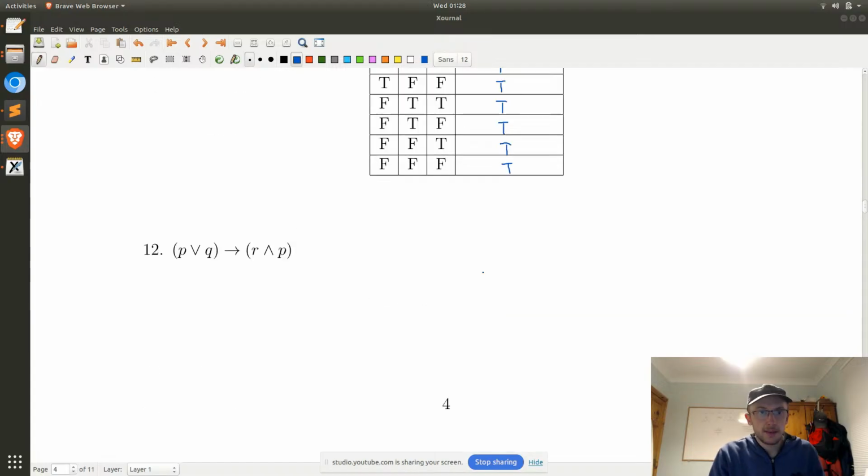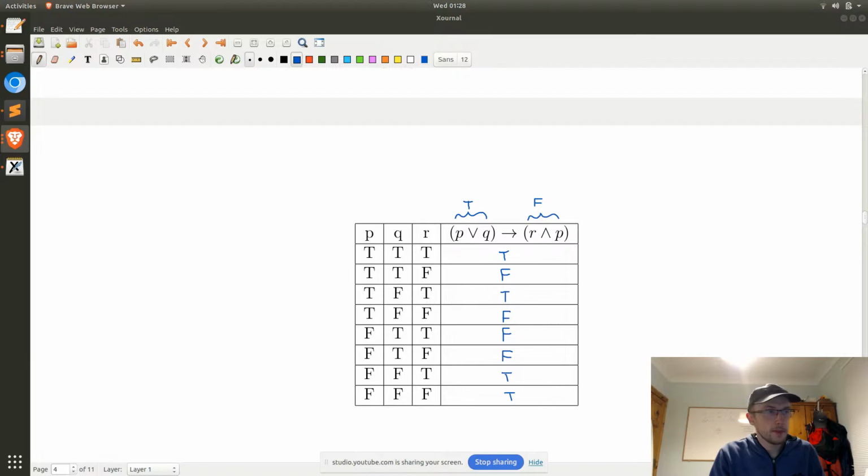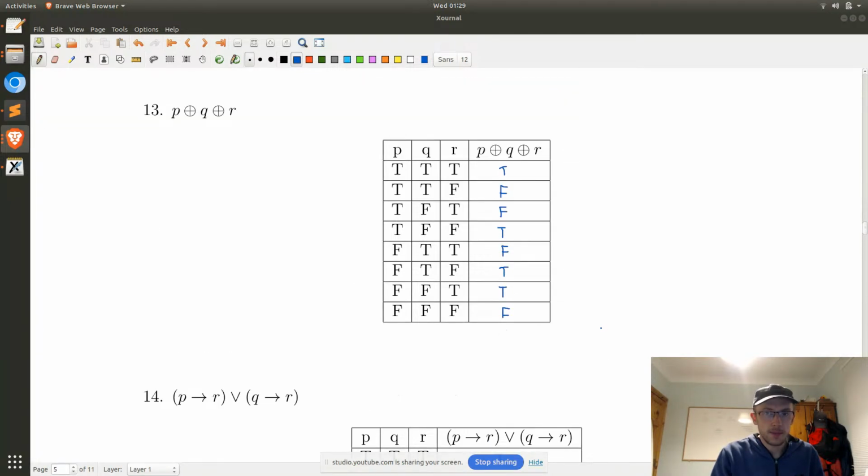That's correct. For the 12th one. True, false, true, false. False, false, true, true. Correct. For the 13th one. True, false, false, true. False, true, true, false. True, false, false, true. False, true, false. Very interesting.